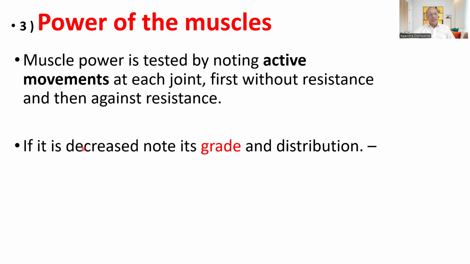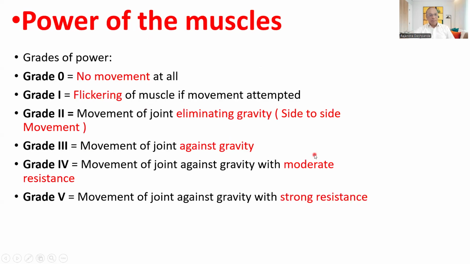If it is decreased, then the doctor should note the grade of the power of the muscle, and where that grade is low, whether that grade is normal, that distribution should be noted. Now, we are testing the power of the muscles. So there are different grades.